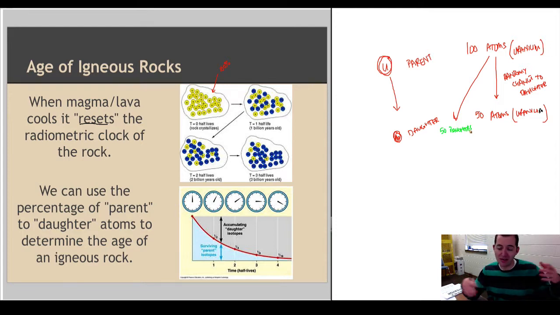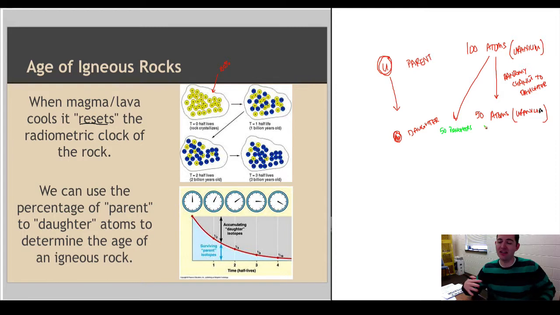And they become other elements, and that happens in predictable ways. If we have this particular type of uranium, we know which daughter atom it's going to become. But if we look at one particular atom, we don't know when that's going to happen.